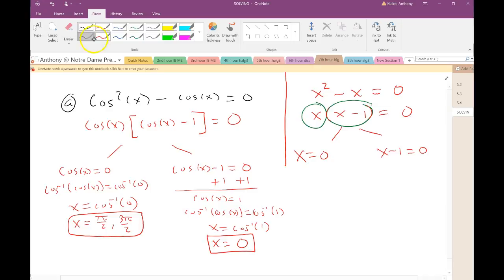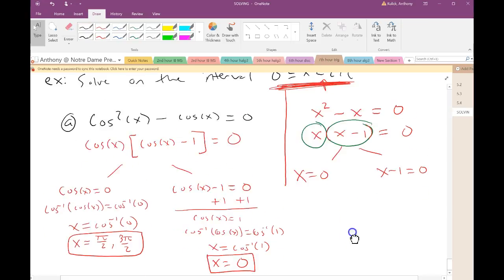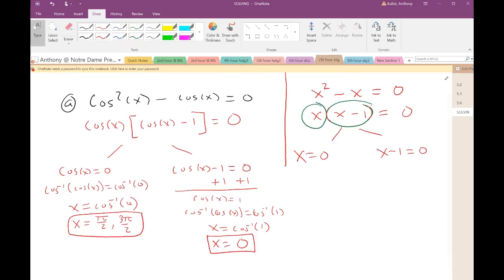So that's that one. How was that? That's it. Again, we only asked for the answers between 0 and 2 pi. And since these were all unit circle values, I could go straight to the unit circle and just read off the appropriate values, and I didn't have to use my calculator at all, which makes life a little bit easier, right?